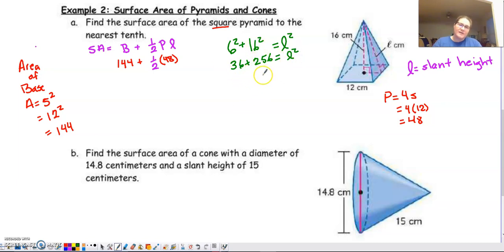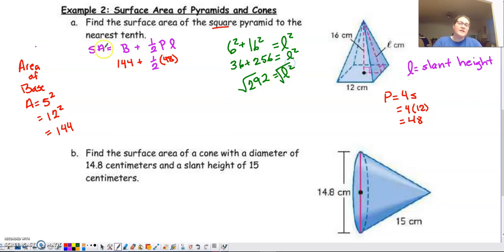So that is 292. So I'm going to need to take the square root of this. That is not a perfect square. So I need to take the square root of both sides.